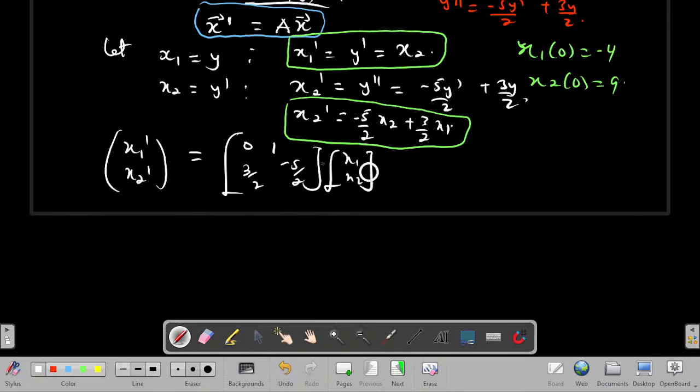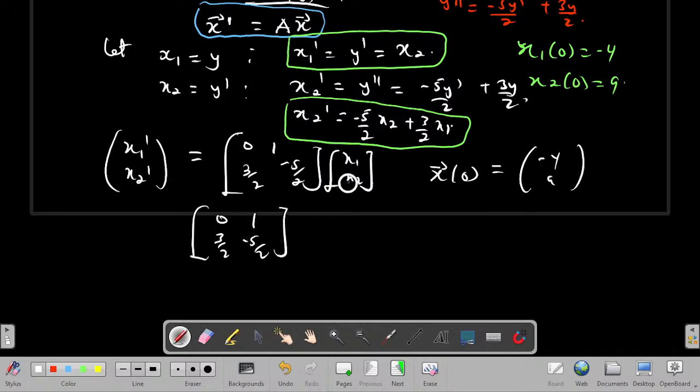When I use x with the arrow, I'm representing x1 and x2 at 0, equal to negative 4, 9. This is simply equal to the matrix 0, 1, 3 over 2, negative 5 over 2 times our x here. So we are trying to create a system of equations which, when we solve, we should be able to get the solution for the differential equation.